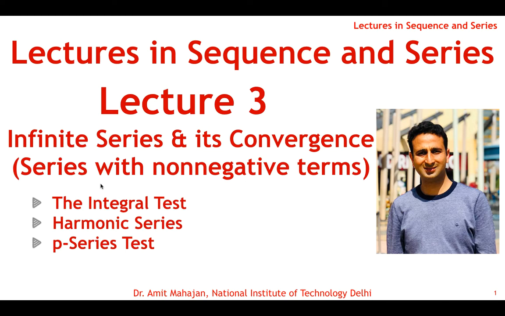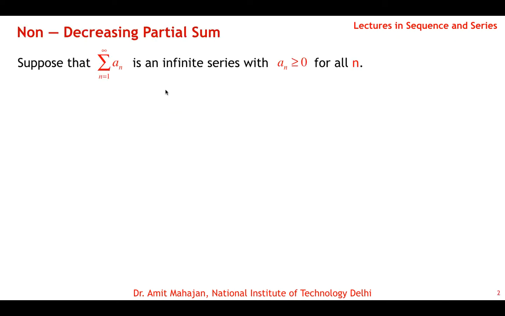If you are given a series with non-negative terms, that means some of the terms are zero or strictly positive, then one important result immediately comes: the non-decreasing partial sum of the series. Suppose that the sum of a_n is an infinite series with a_n greater than or equal to 0 for all n.